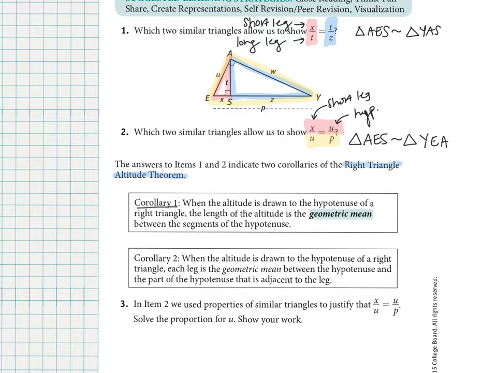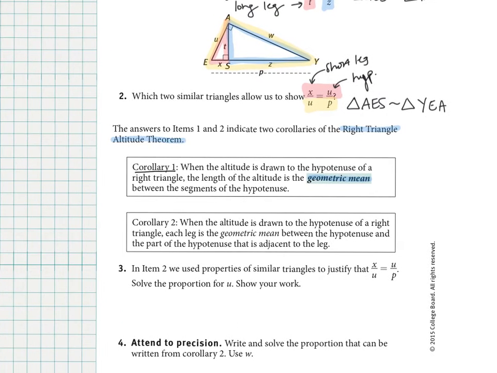So that's a new vocab word for us. So the length of this altitude, what we're calling T, is going to be the geometric mean between the segments of the hypotenuse. Now, we're not really sure what geometric mean means yet, but we're first going to start off looking at this first corollary and bring it to number 3. That's going to help us understand what geometric mean is.